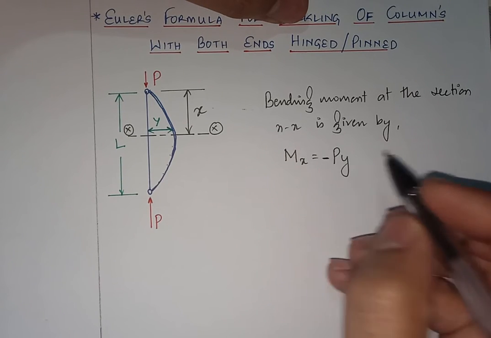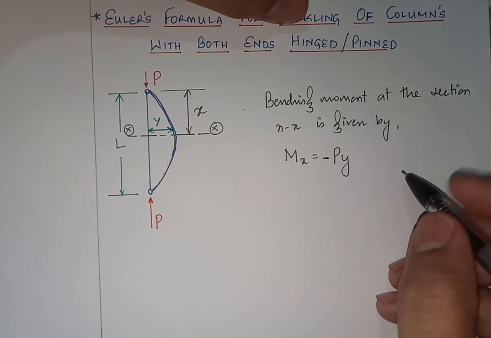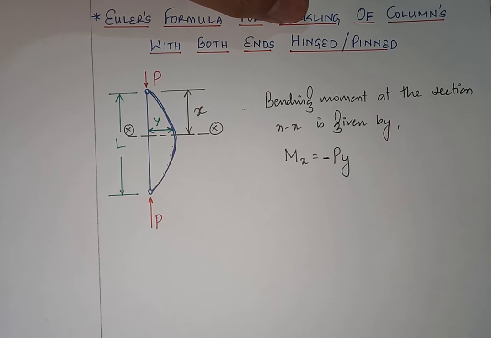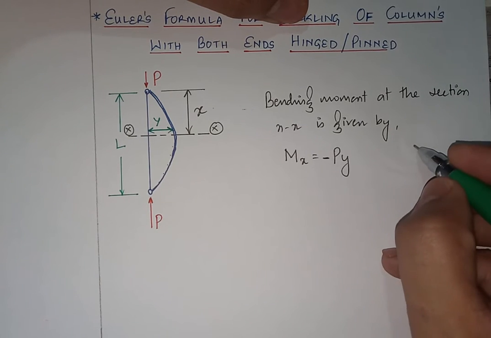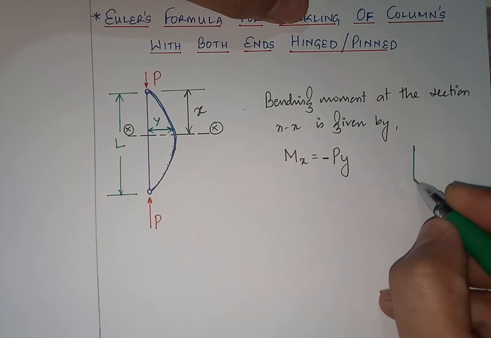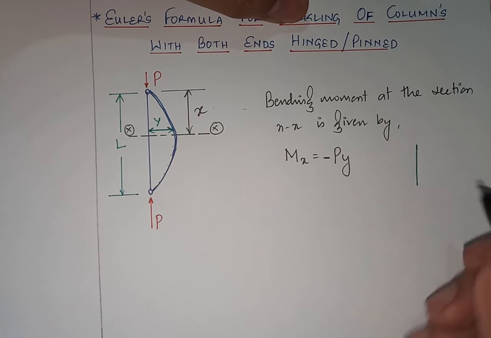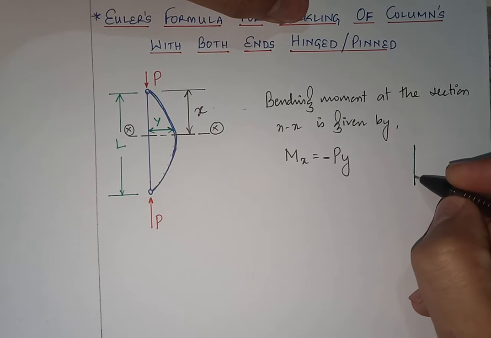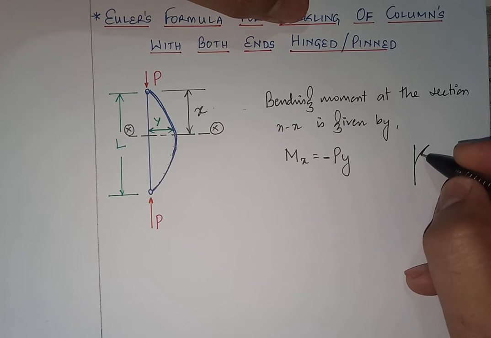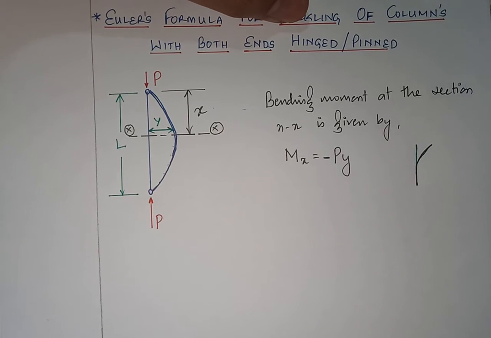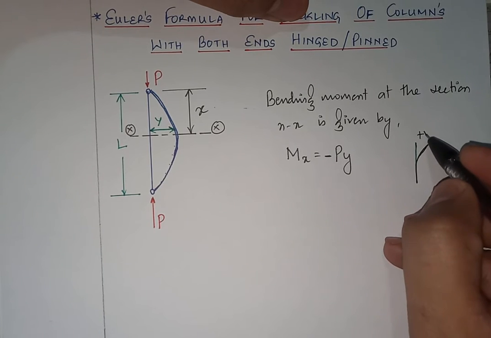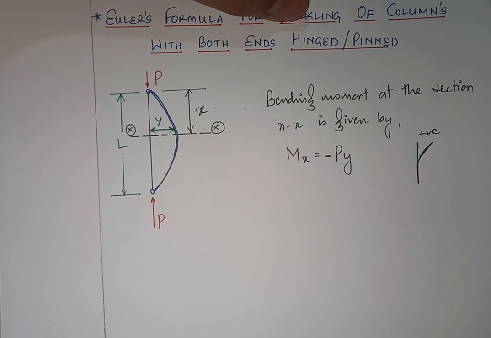So it should be negative. Why should it be negative? I'll tell you. If your initial beam is like this, and after buckling it gains this shape, then such kind of bending we take as positive.